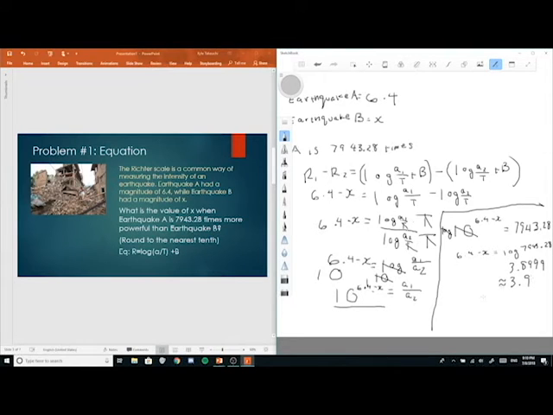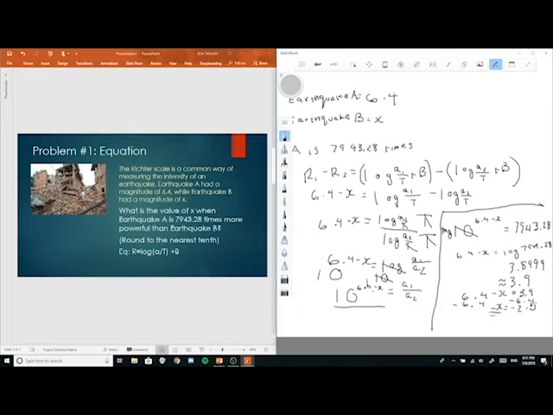So we can write 6.4 minus x equals 3.9. I say 3.9 because we are rounding to the nearest tenth. So what we do now is subtract 6.4 on both sides, and when you do that, you should get negative 2.5 is equal to negative x.